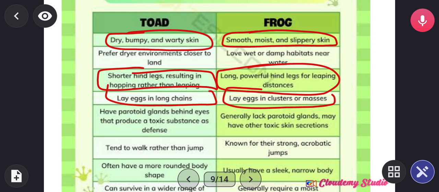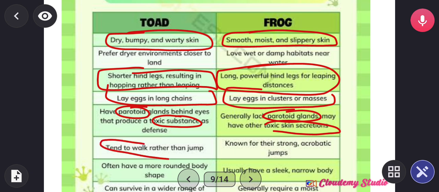Toads have something we call the parotid gland behind the eyes, and what do they use it for? Producing toxic substance. While frogs do not have a parotid gland, hence they do not secrete any toxin in their skin. Toads tend to walk rather than jump, while frogs are known for their strong acrobatic jump.